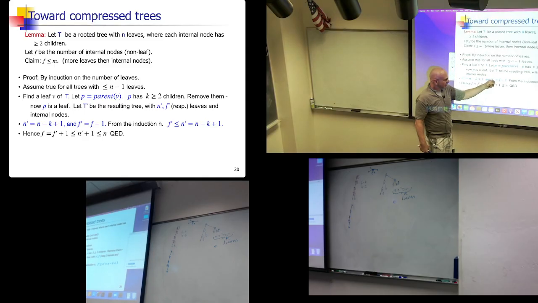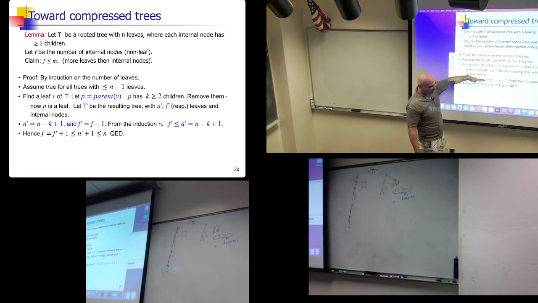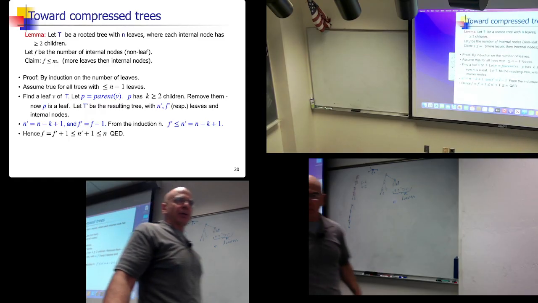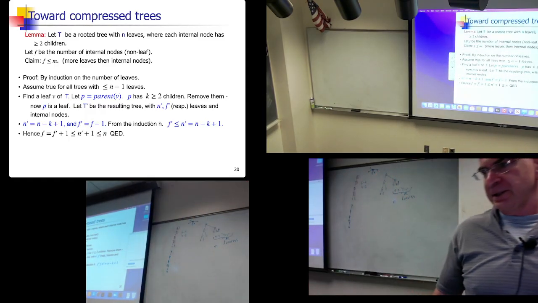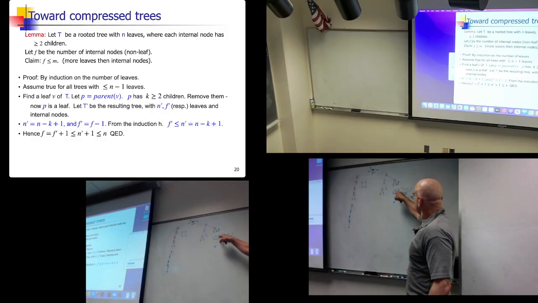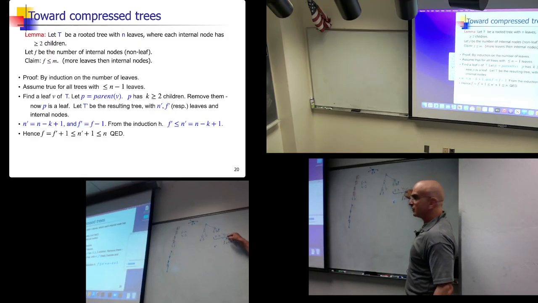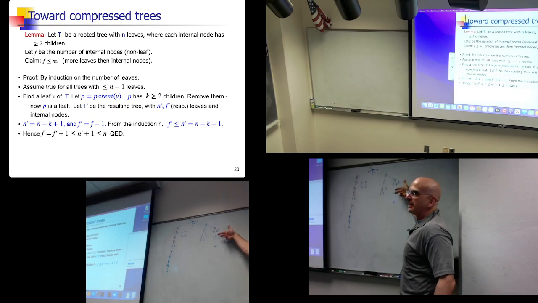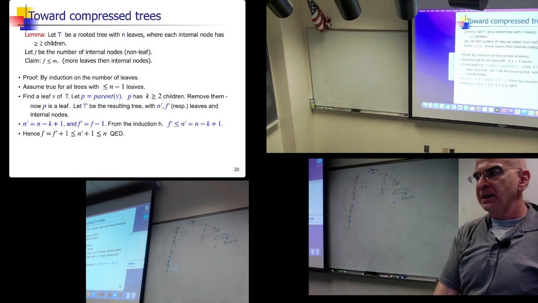And what happened to the number of internal nodes? The number of internal nodes definitely decreased by 1. So it was true, check it out, it was true before my little surgery, so it's true after the little surgery. And if K is 3, as it was in this case, more than 2, it's even stronger. Then even more creates more leaves than the number of nodes minus 1.